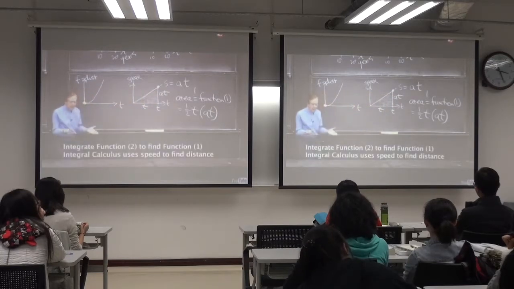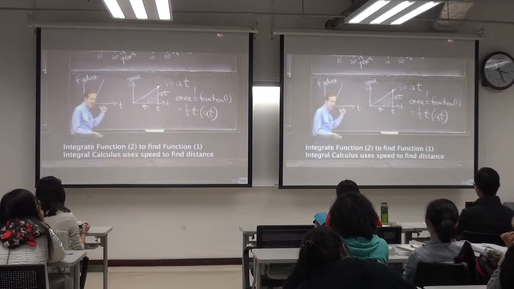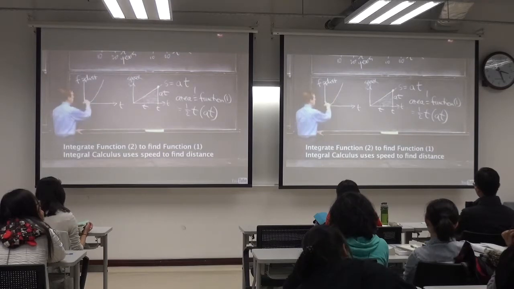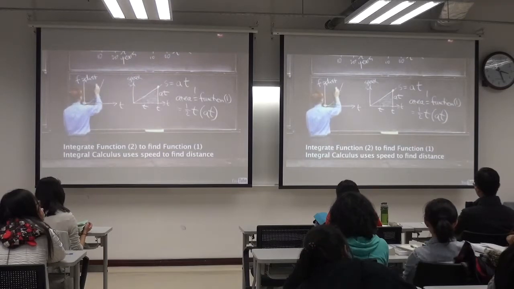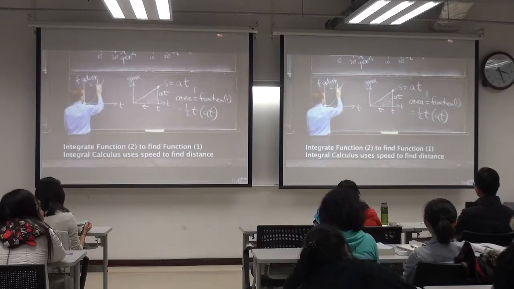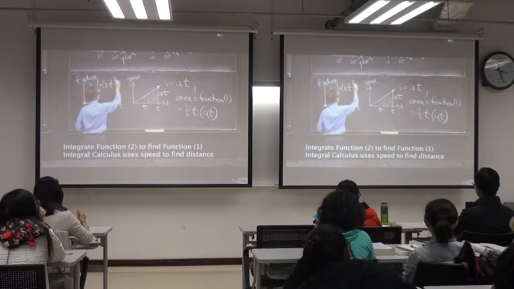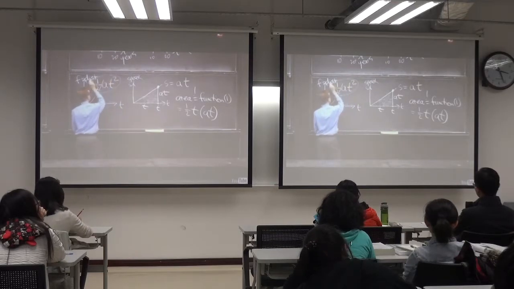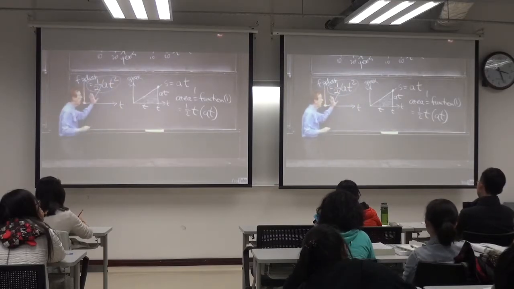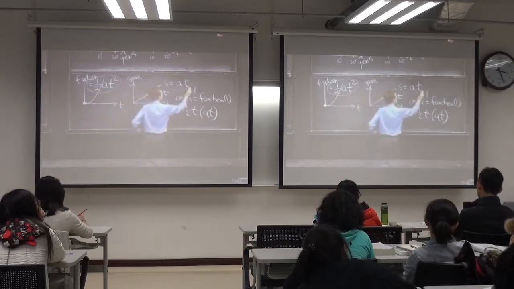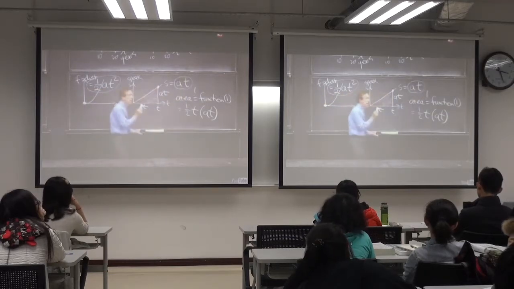That's the area, and calculus will tell us that's function 1. So this function is 1/2 of a times t squared. So there is function 1, and here is df dt.